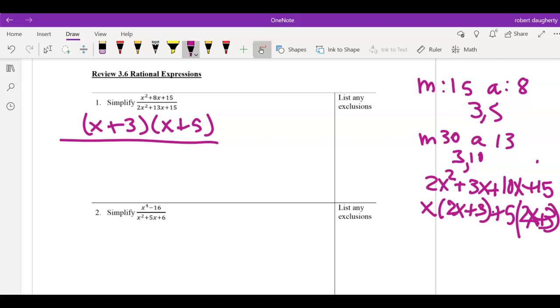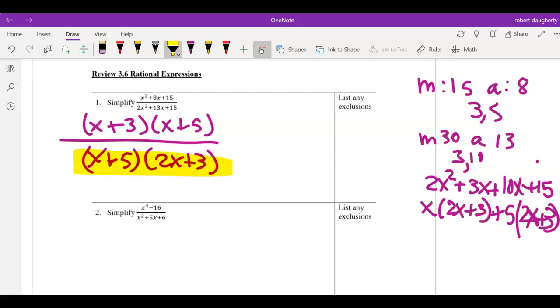So this is x plus 5, 2x plus 3. So what are my exclusions?